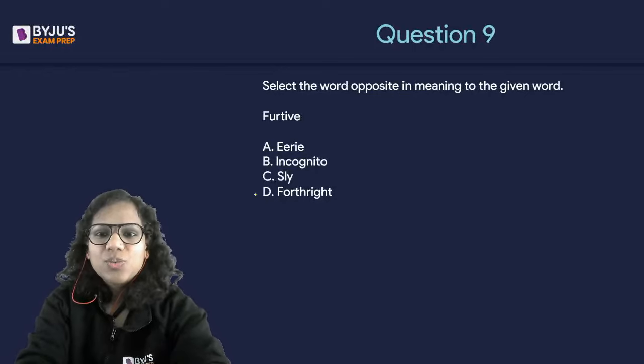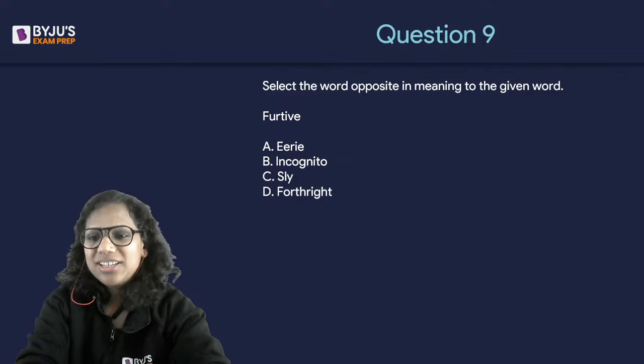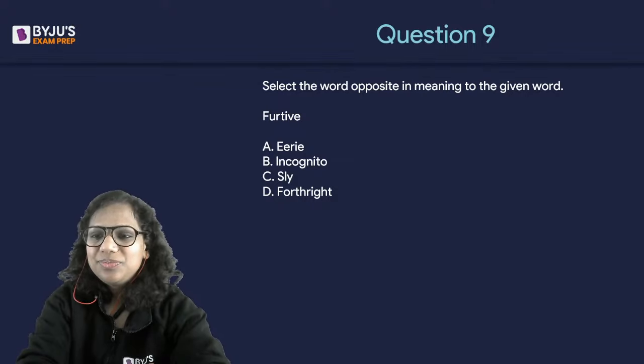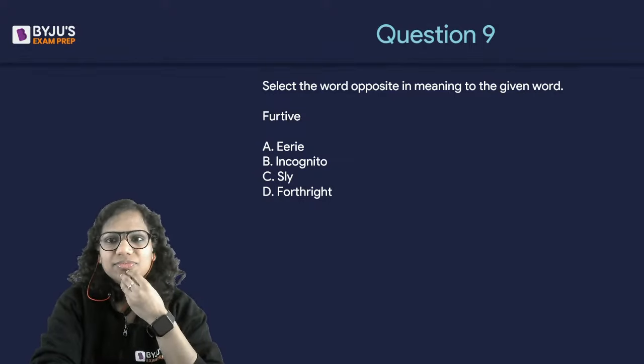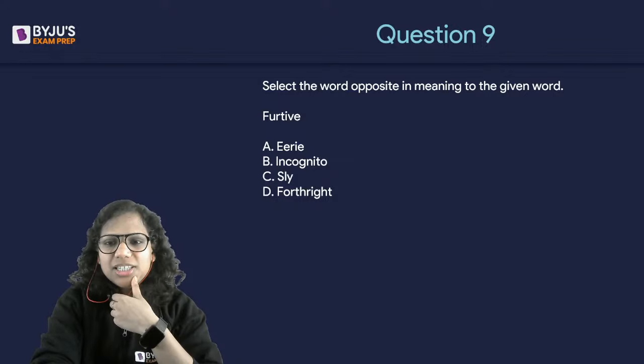Okay. How about this word furtive? I think we may have covered this in an earlier session. Furtive. Let me see how many of you remember it. Let's see.